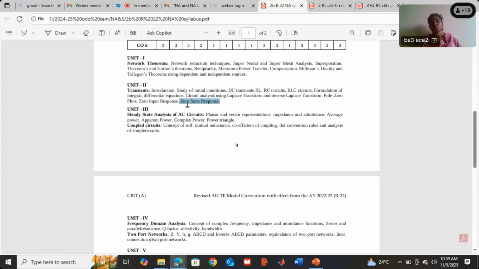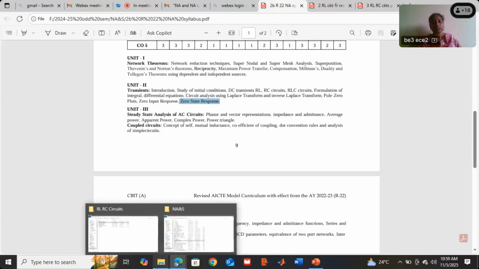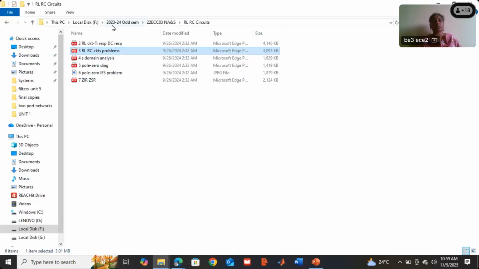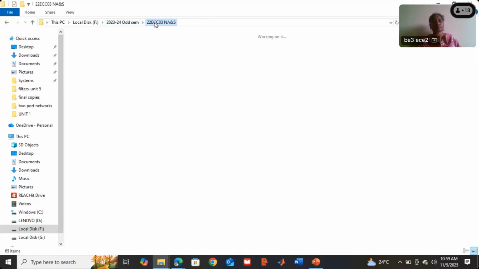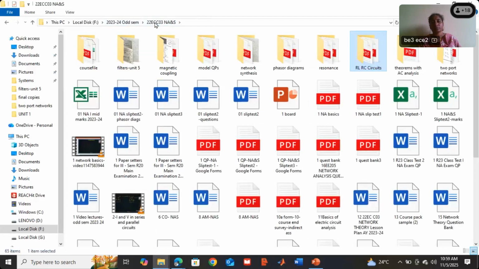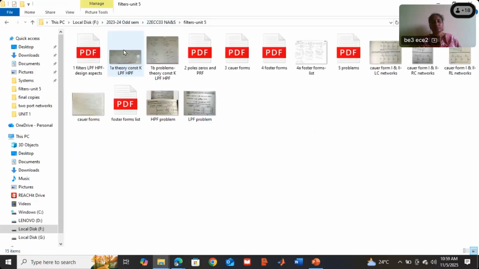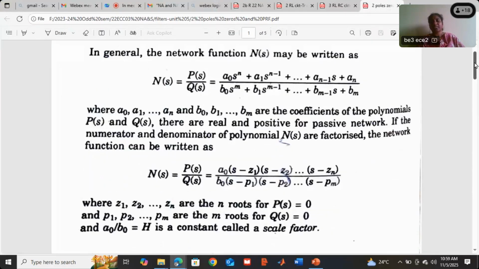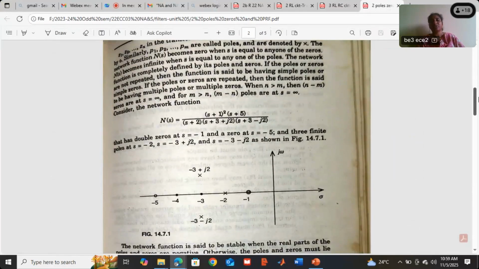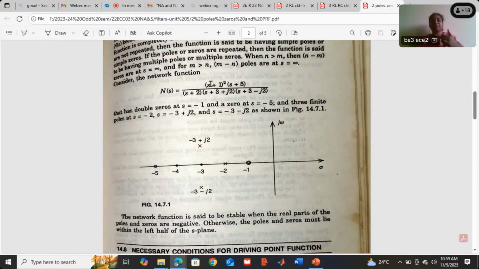Now coming to pole-zero plots. Just I will show you what pole-zero plots are. If the transfer function is given, equate the numerator to 0 and you will get the values of s.